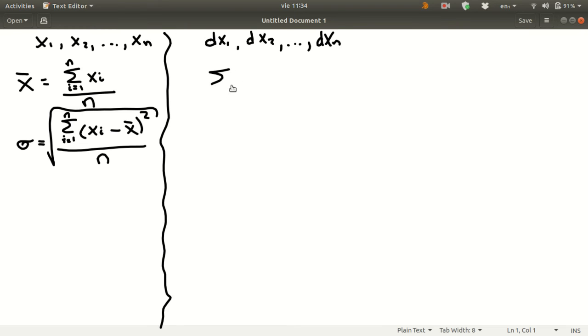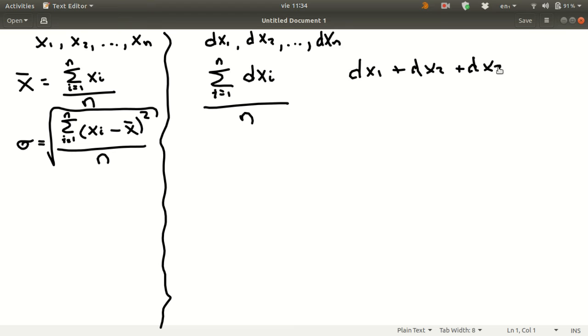We need to take the sum of all of the data members. Now notice that this is actually like d x1 plus d x2 plus d x3 and so on. And notice that d is a common factor. That means I can factor it out like this.